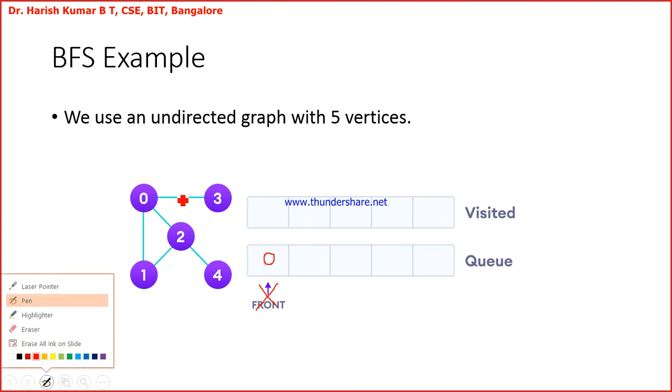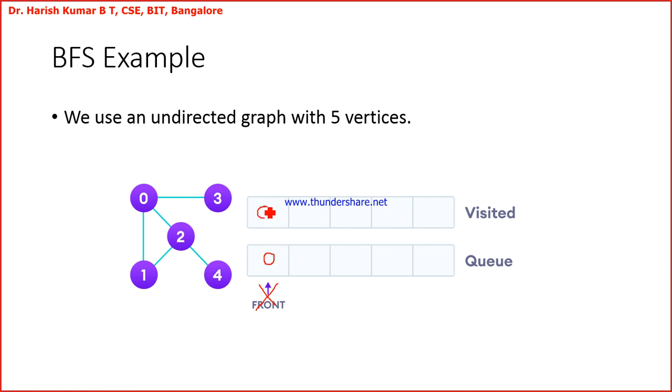Since this is the starting node, I can remove this from the queue and add it directly to the visited list. Next, I go for filling the queue using the adjacent nodes of 0. Now what are the adjacent nodes of 0? This 3, 2, 1.